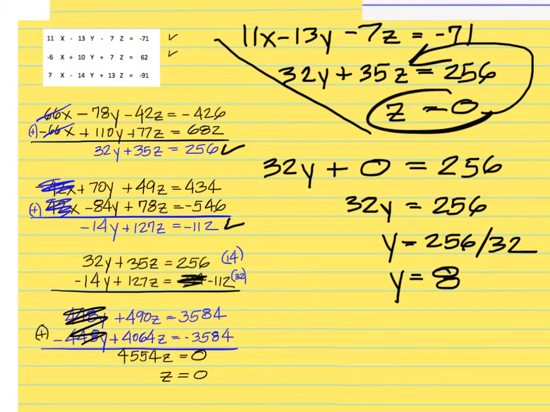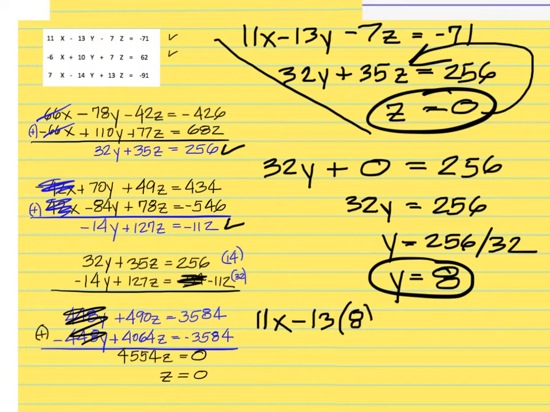So we have this and this. So lastly, we have to do 11x minus 13 times 8 for the y, and then minus 7 times 0 for the z equals negative 71.